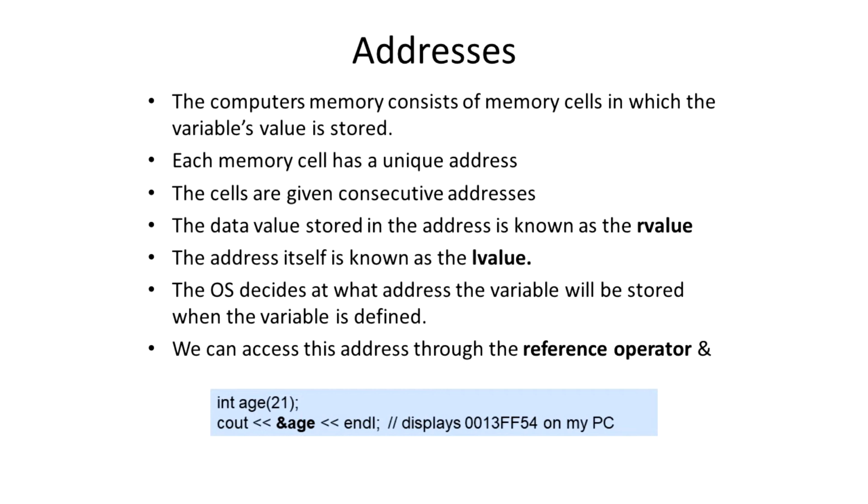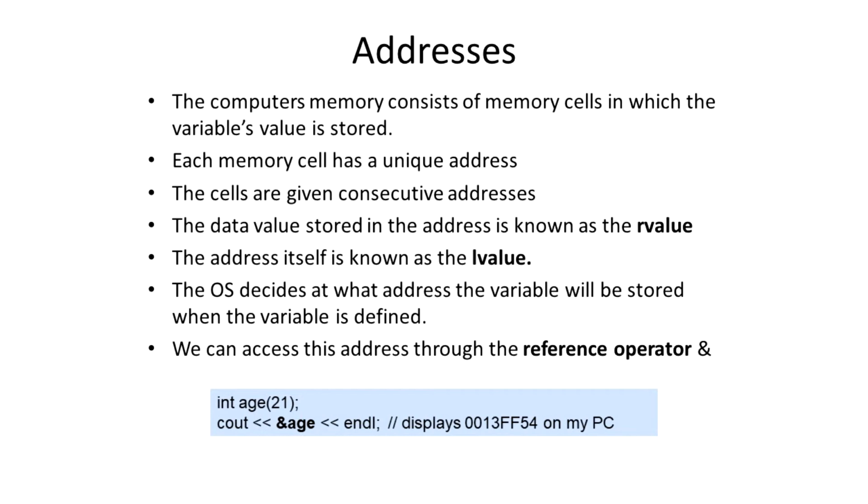We're going to explore that later on in the module, but just know for now that the computer's memory consists of memory cells, and it's in these cells that the values for our variables and even objects as well are stored. And the name of the variable actually is an alias for the memory address.